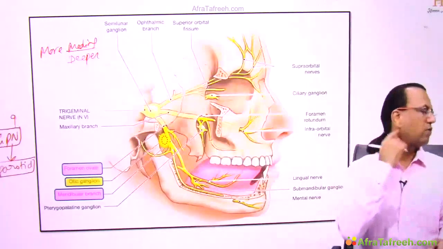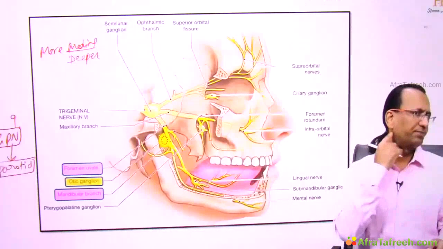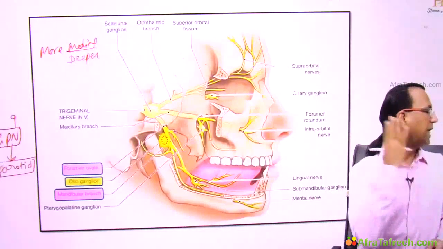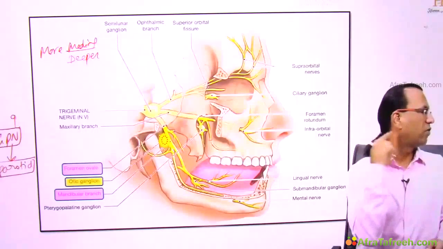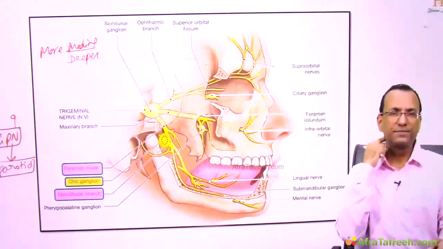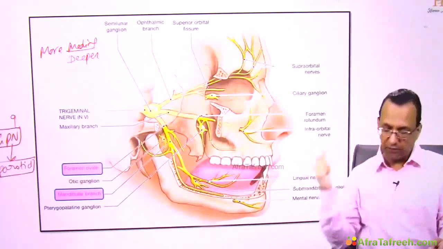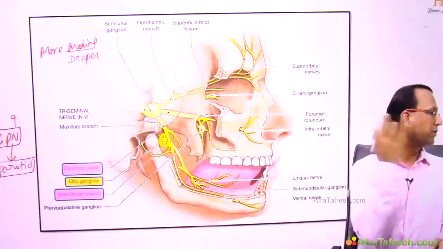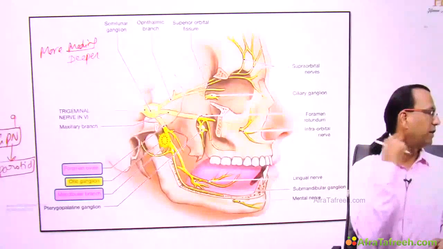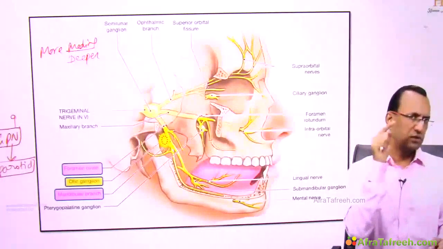You mean to say, when you talk about the otic ganglion, the nerve is more lateral and superficial? Yes. And the ganglion is deeper and more medial? Yeah, that is the point. Understand the relation of the otic ganglion to the mandibular nerve: the nerve is more lateral or superficial, and the ganglion is deeper or medial. That is one of the AIIMS questions.